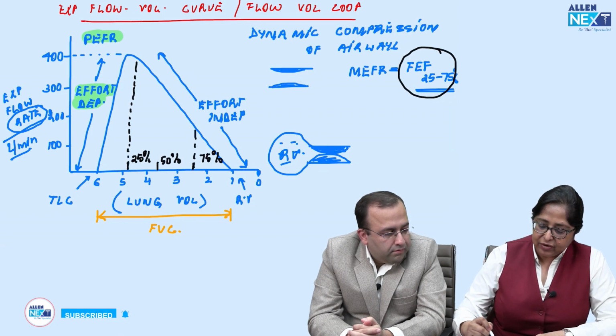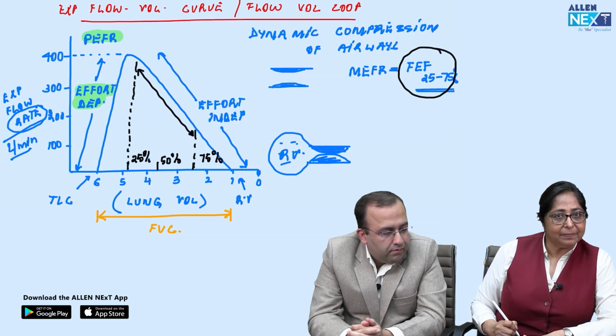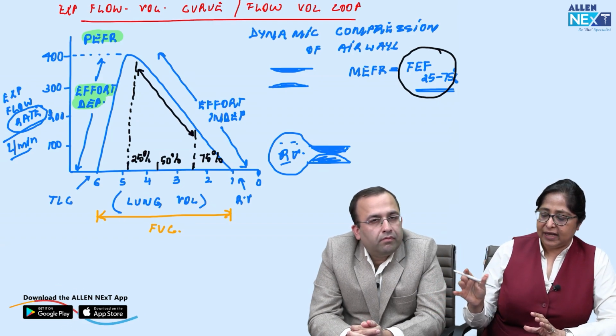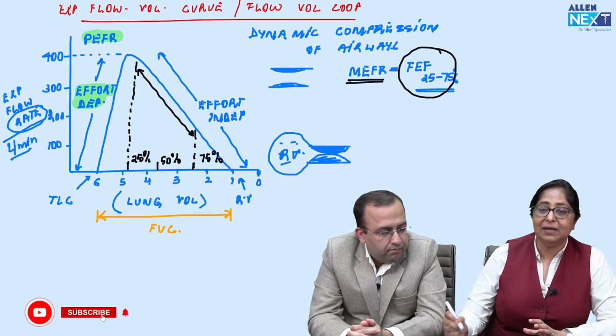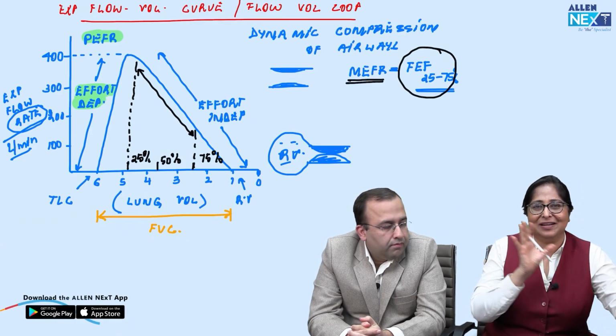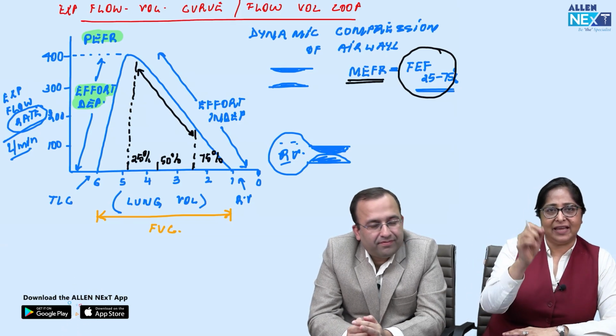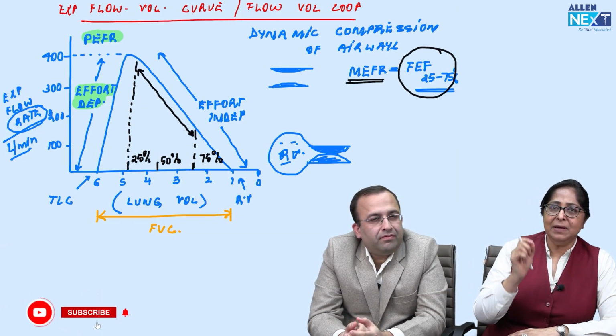You will get these rates between 25 and 75% of vital capacity. Take an average and you get what is known as the mid-expiratory flow rate. We don't have to do it. The computer does everything.